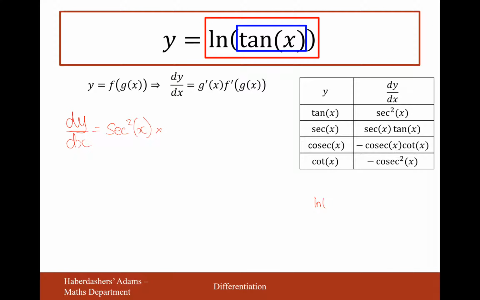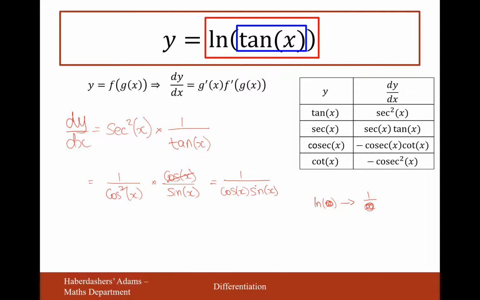Remember, ln of x differentiates to 1 over x, but it's not going to be 1 over x, it's going to be 1 over the inside function, so it's going to be 1 over tan. Let's see if we can simplify this a little bit. It's going to be 1 over cos squared. This is cot, so it would be cos over sine. So cancel out a cos from top and bottom, and you end up with 1 over cos x sine x.